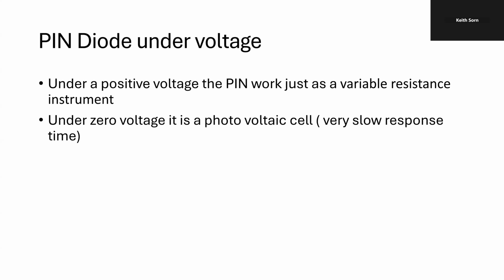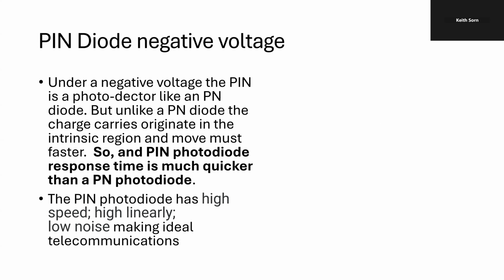Under zero voltage, interestingly enough, it's a photovoltaic cell. It will actually generate power from light. But of most interest to us is the PIN diode under negative voltage. Okay, under negative voltage, light is going to hit, but light is going to hit in the intrinsic region.